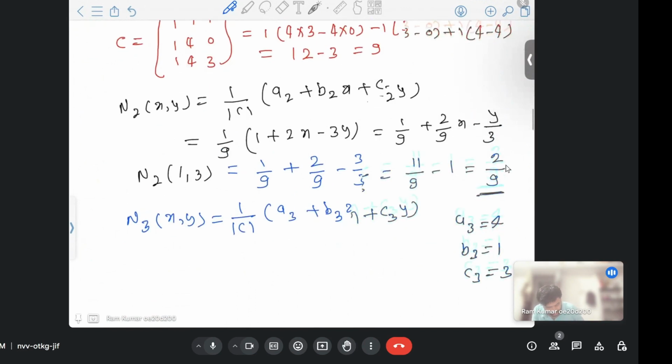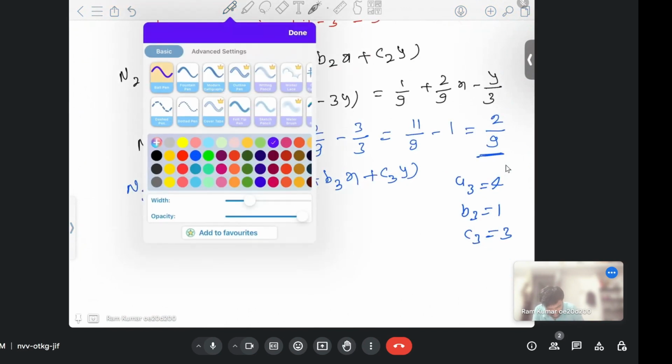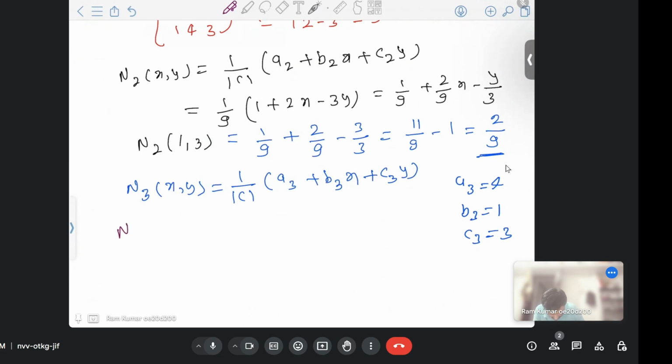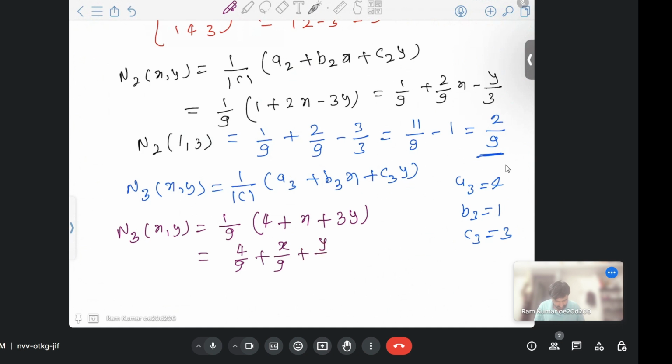Okay. So now we are going to put these values in this equation. So what will be our n3? N3 x comma y equal to determinant, a3 4, b3 1, c3 3y. As I told you, we are having 9, so I will put here 9 instead of determinant. In general, we can write 4 by 9 plus x by 9 plus y by 3.